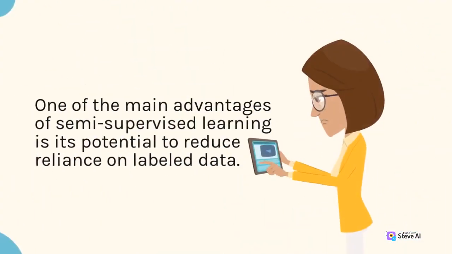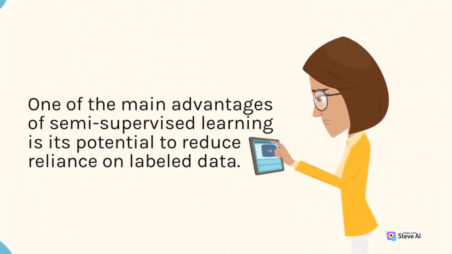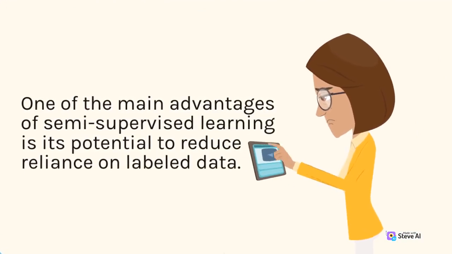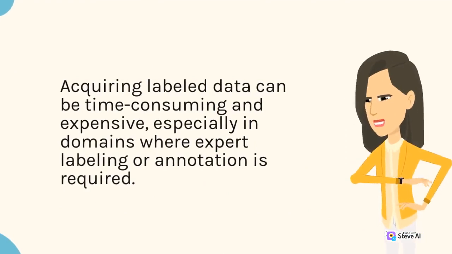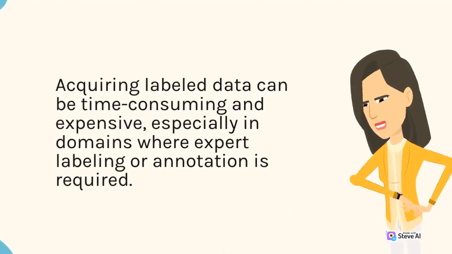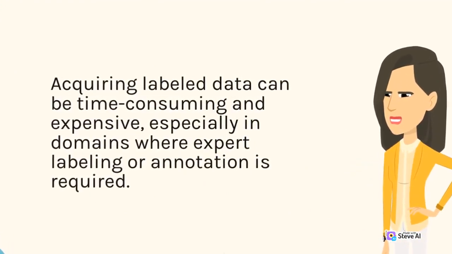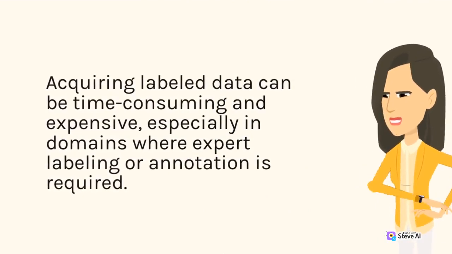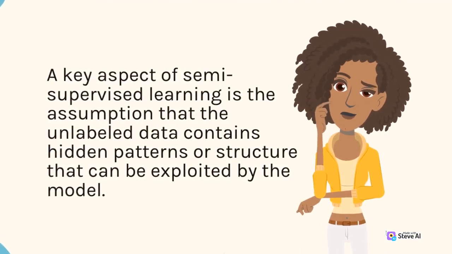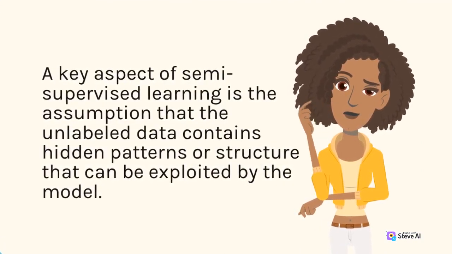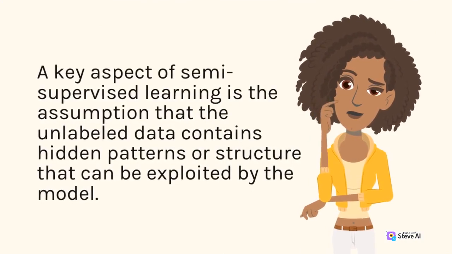One of the main advantages of semi-supervised learning is its potential to reduce reliance on labeled data. Acquiring labeled data can be time-consuming and expensive, especially in domains where expert labeling or annotation is required. A key aspect of semi-supervised learning is the assumption that the unlabeled data contains hidden patterns or structure that can be exploited by the model.